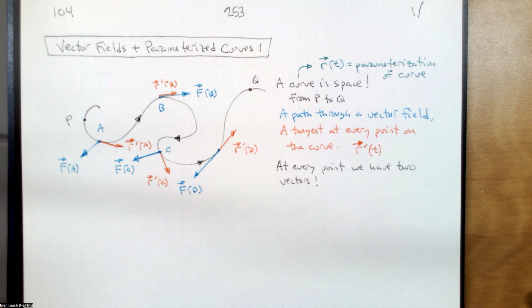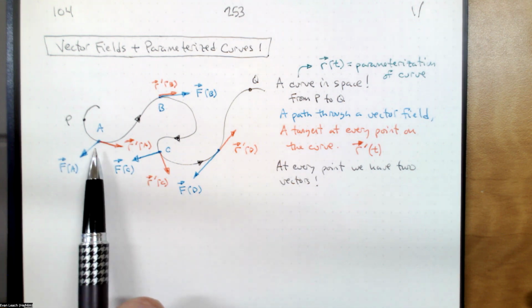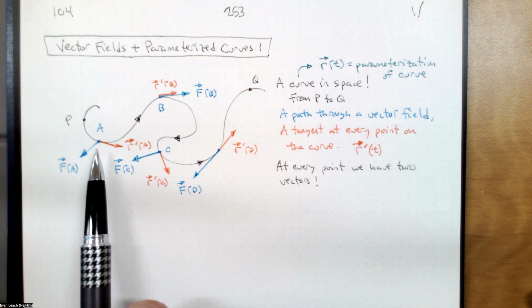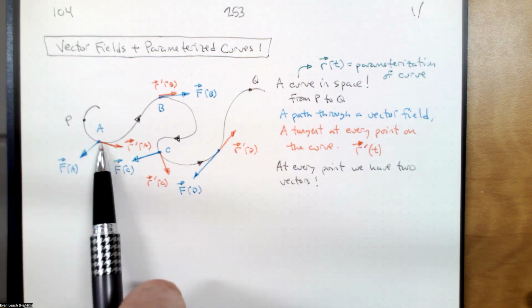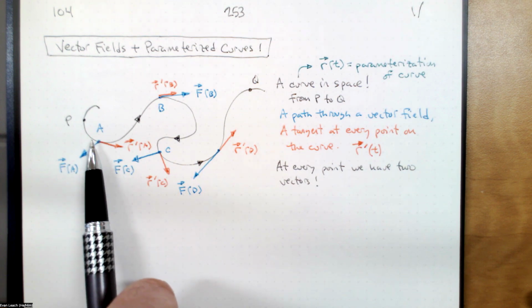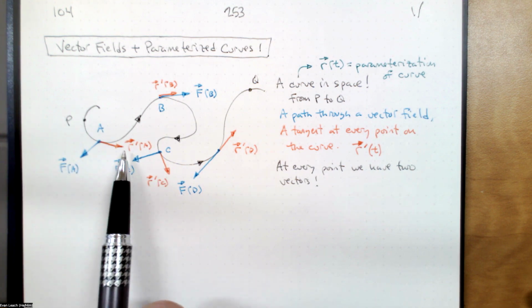So think of the vector field as the wind, and think of the path as us walking in the wind. Sometimes the wind is pushing against us, but not directly against us. It's kind of coming off to the side, but there is some component of this vector field vector that's pushing against us, slowing us down, or just making us work harder to maintain this path.